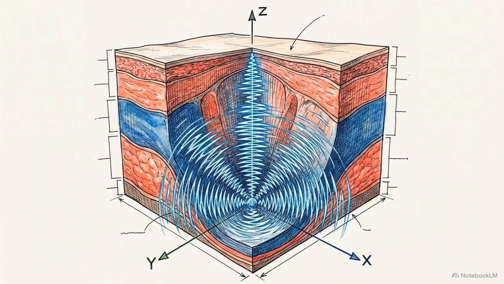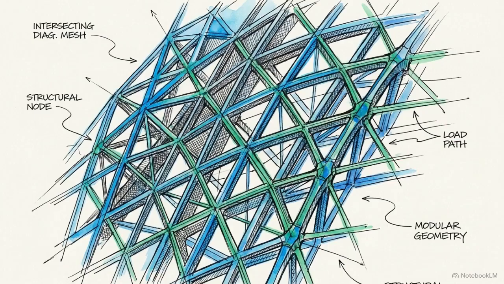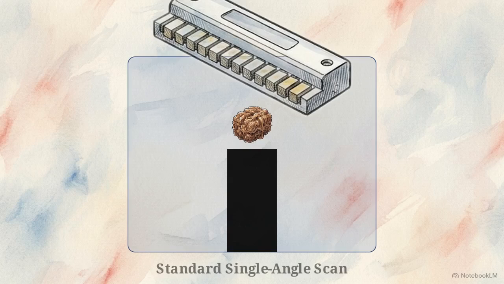artifact-free clarity at depth. Another specific failure point in spatial resolution occurs when highly reflective or attenuating structures create dense acoustic shadowing, obscuring vital tissues behind them. To bypass these blind spots, the system can utilize spatial compound imaging, a geometric solution to an acoustic problem. The mechanism relies on beam steering.